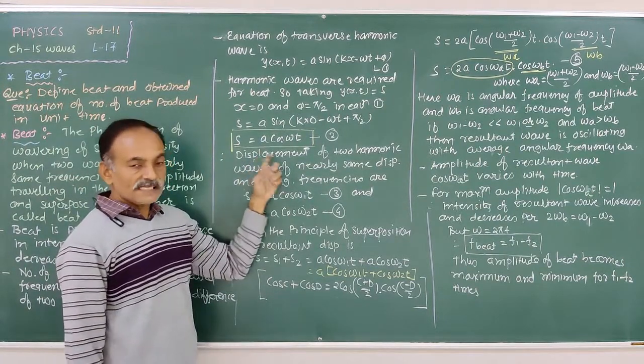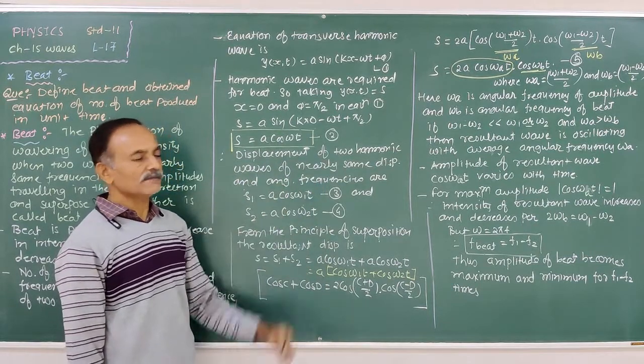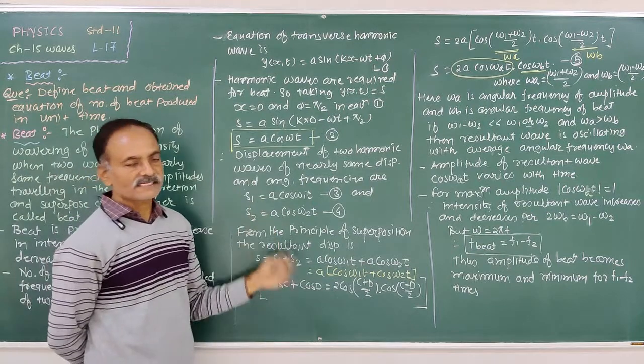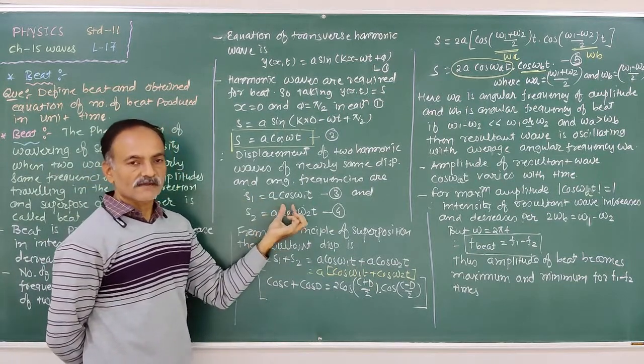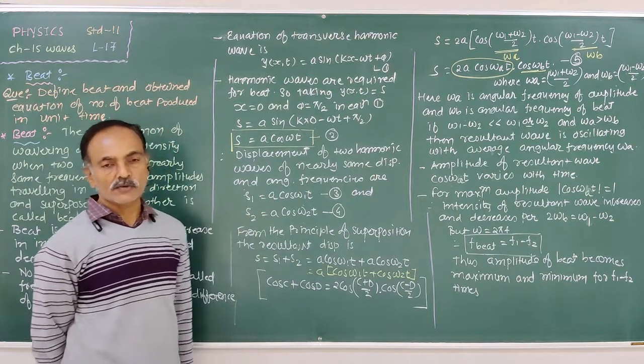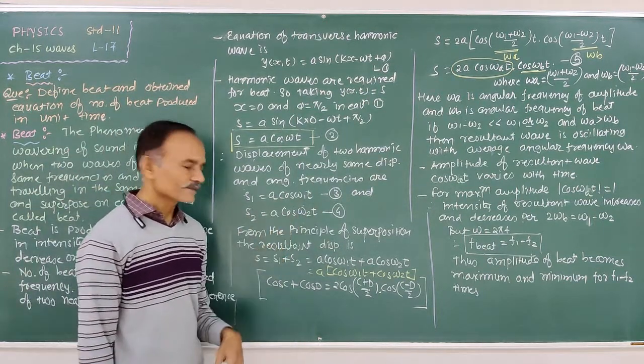Now, the displacements of two harmonic waves of nearly the same frequency and angular frequency are s1 is equal to a cos omega 1 t, and the second equation s2 is equal to a cos omega 2 into t.